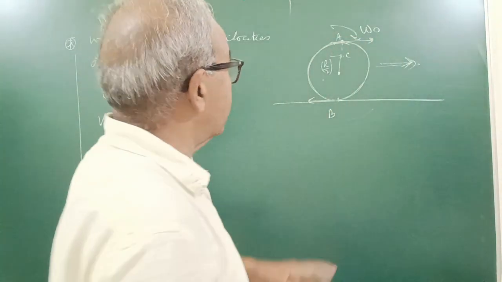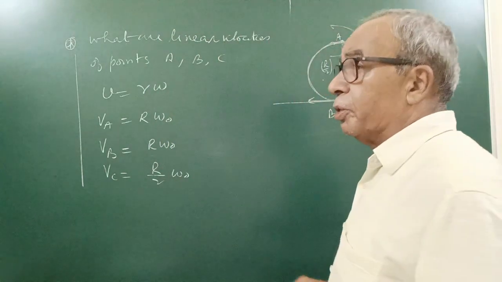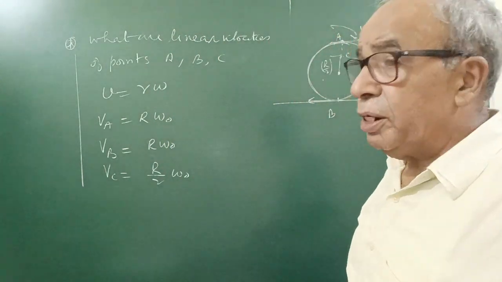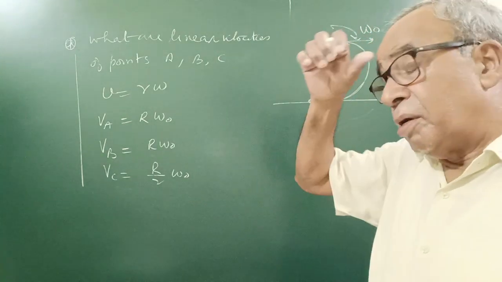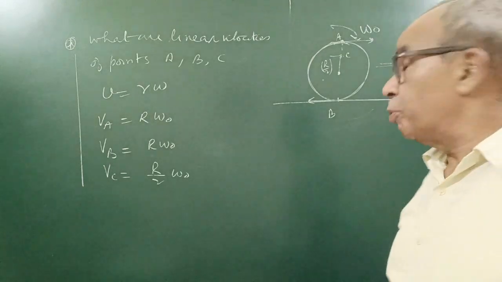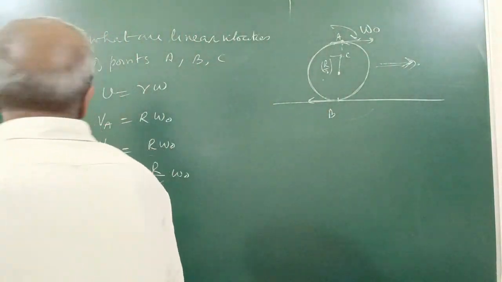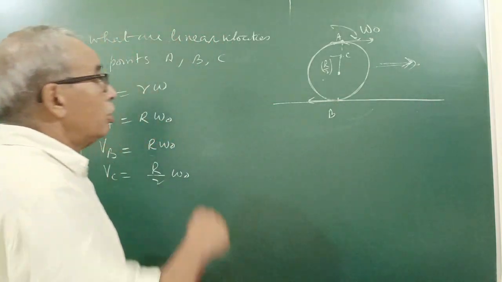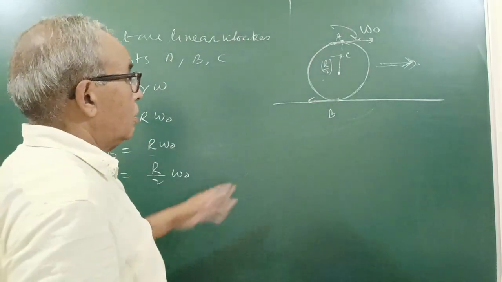To rotate along the surface and move the center of mass, we need a torque. But the torque would be provided by the frictional force, which is not there. So it will keep on slipping on the surface.